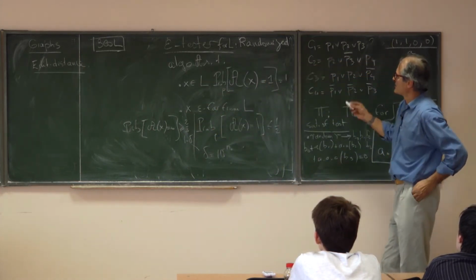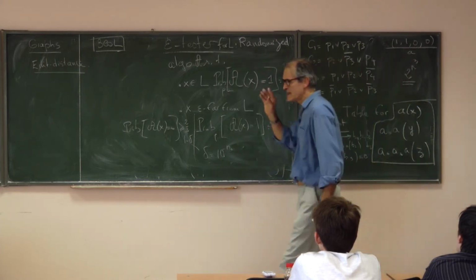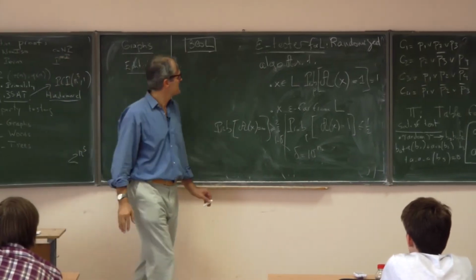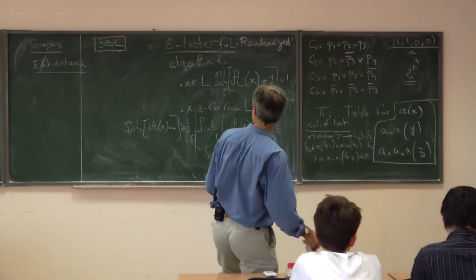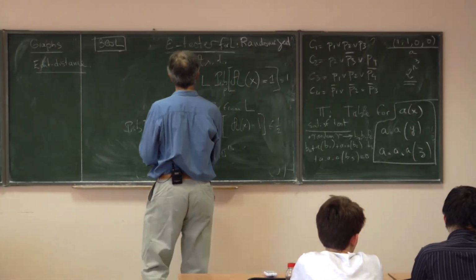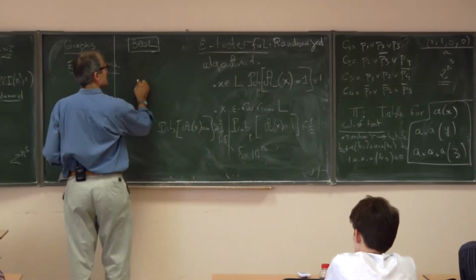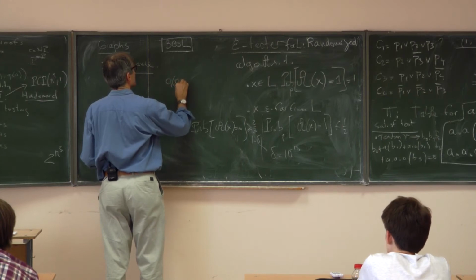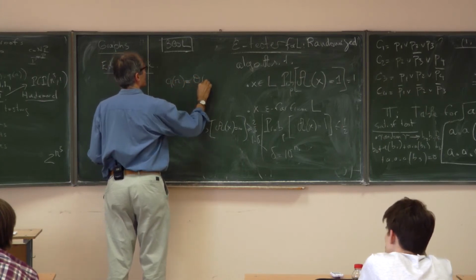All right. So now the key thing here is the query. Q sub n is O of 1.